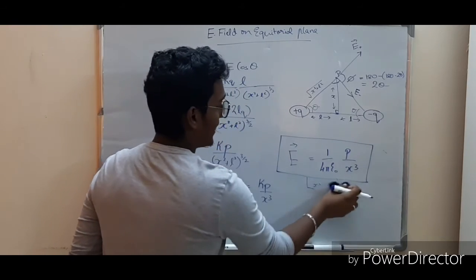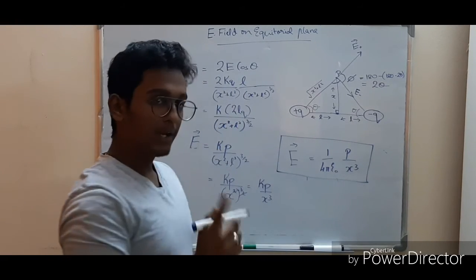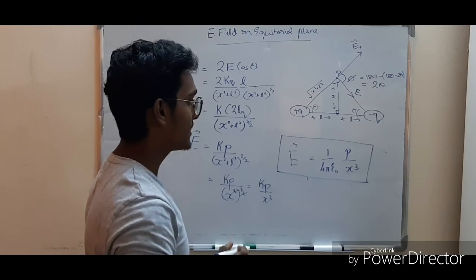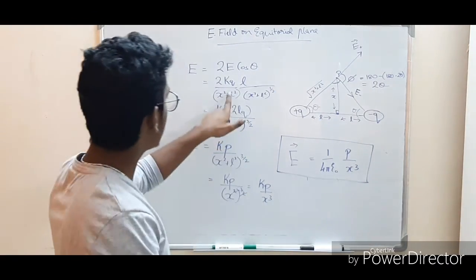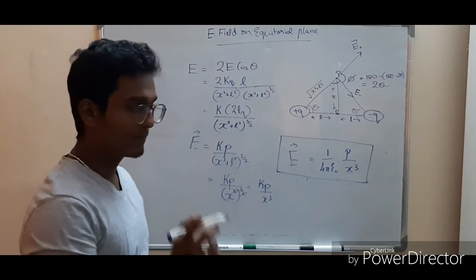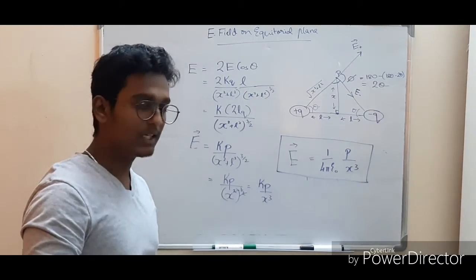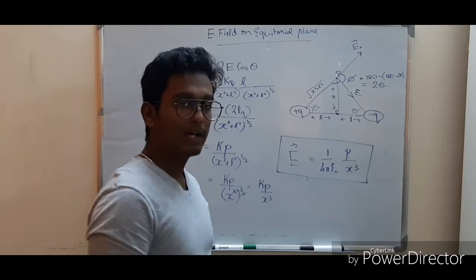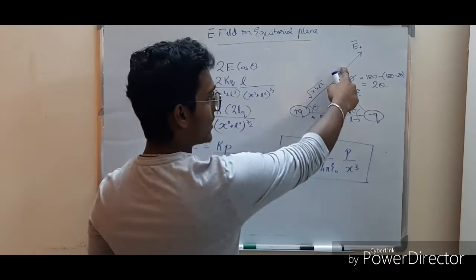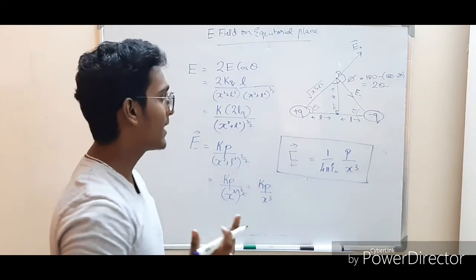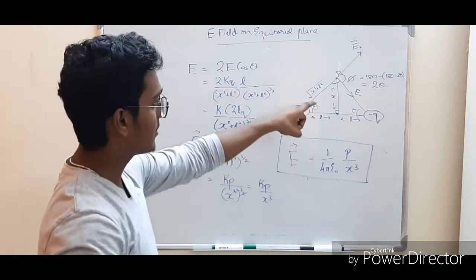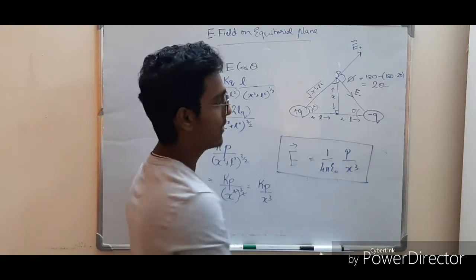So this is the final equation. The reason why we took only the magnitude here and not the sign while doing these calculations, you realize that we took E plus equals E minus equals E, is because we have already considered the direction. So now we need only the magnitude to determine the final answer. The direction can be found by just applying the logic which we have done.